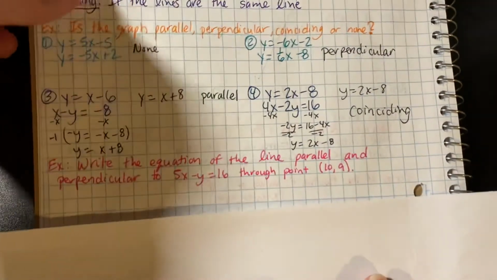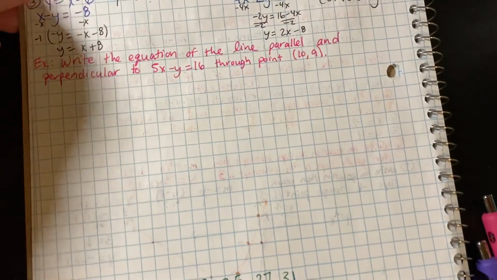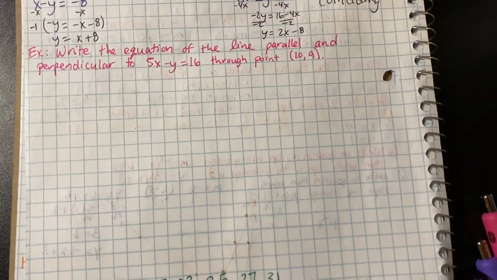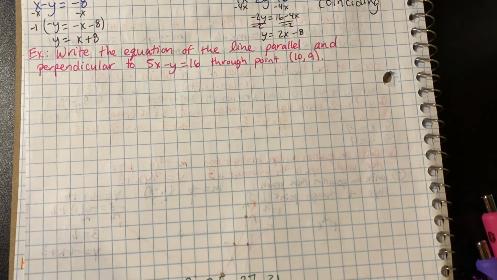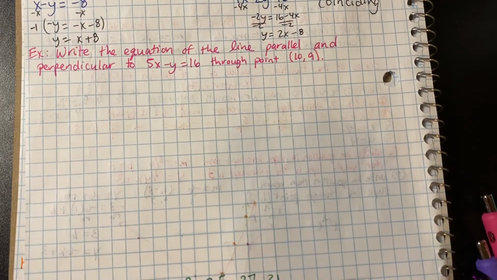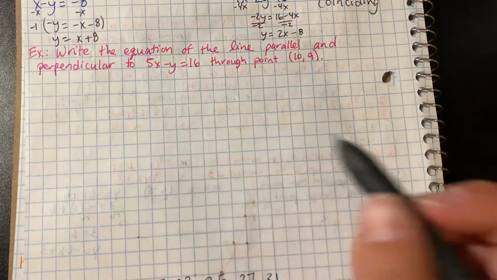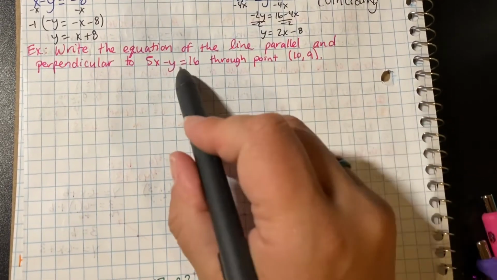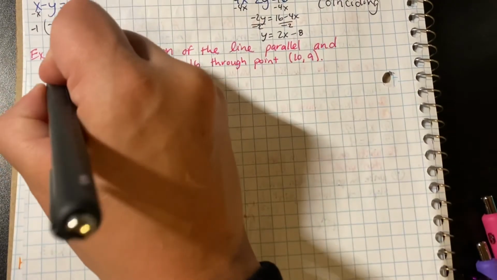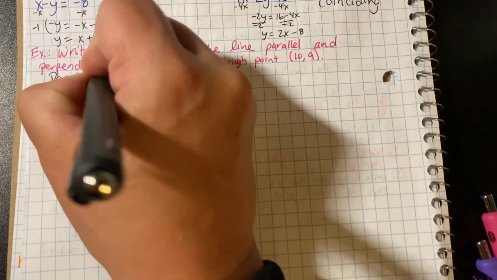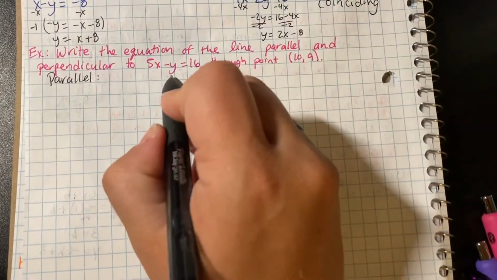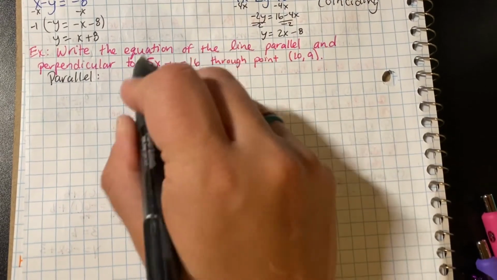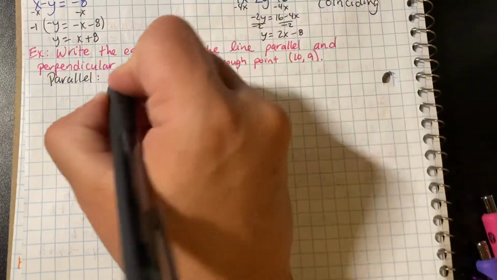All right, so the next thing it's going to ask us to do is to write the equation of the line parallel and perpendicular to this line. And we have this point over here. So we're going to start with parallel. Let's put this in slope-intercept form to figure out what this line is.